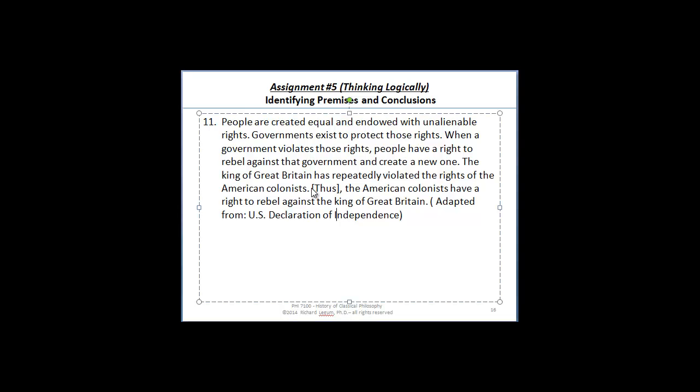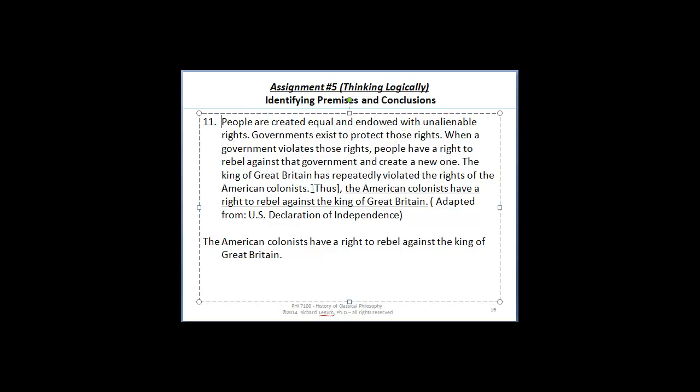That is, we've had statements at the beginning that are conclusions, statements in the middle that are conclusions, and statements at the end that are conclusions. But I think in this case it's pretty clear that our conclusion is going to be that last sentence, the one that comes after the "thus."